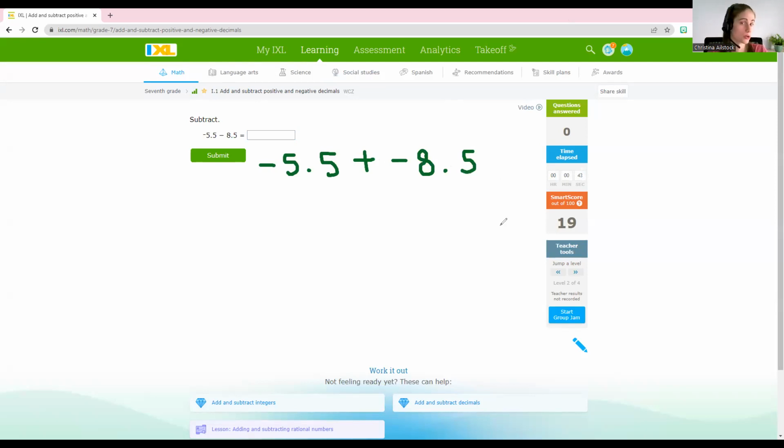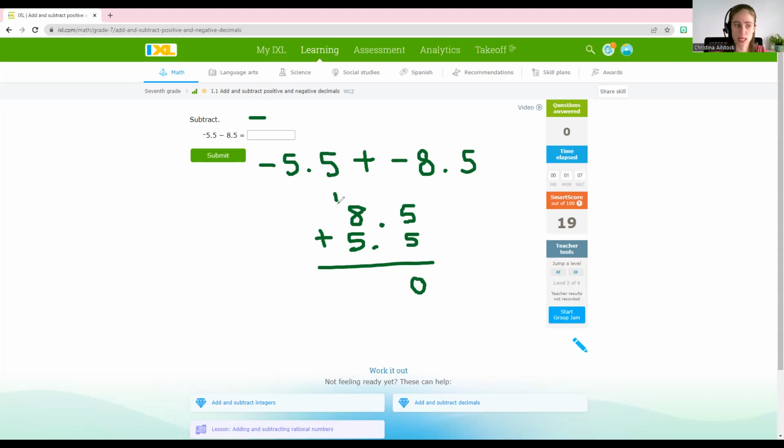Now what do we do? Are we really adding or are we technically subtracting? We're really adding, because when the numbers have the same sign, you add and keep the sign. So we're going to add these numbers together and keep our answer negative. So 8 5/10 plus 5 5/10. We've lined up our decimal. 5 plus 5 is 10, so we write 0.